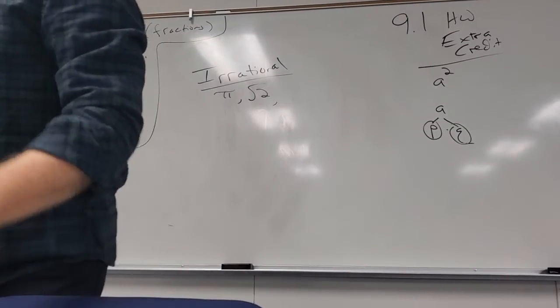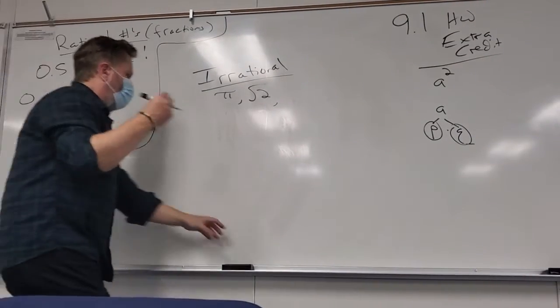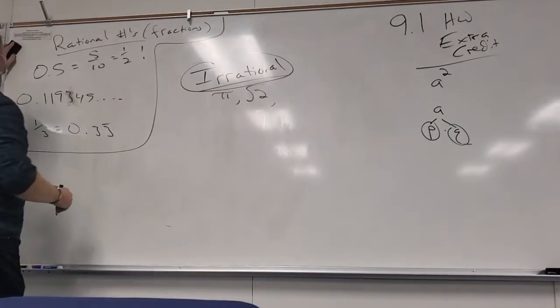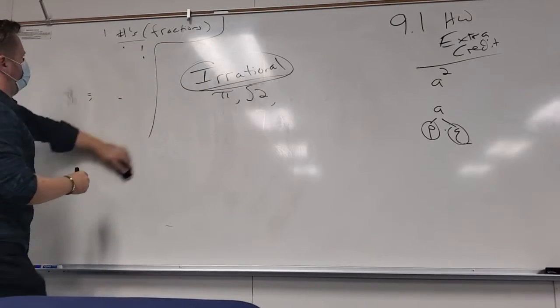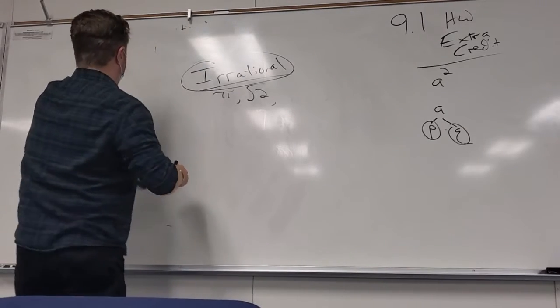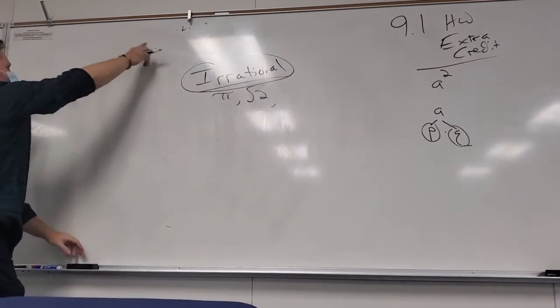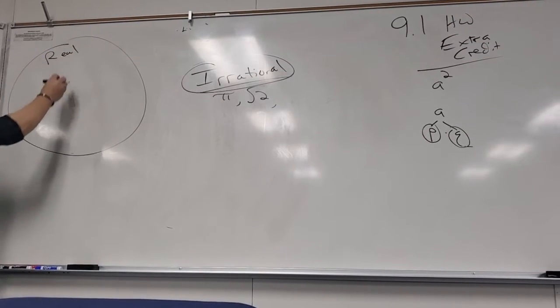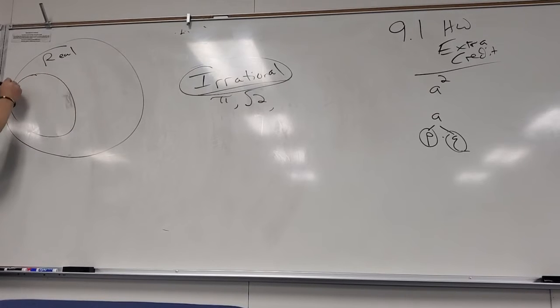So what we're trying to do is we've got now every piece of what we call real numbers. Then over here, we got rationals. And then we got integers. And then we got whole numbers.